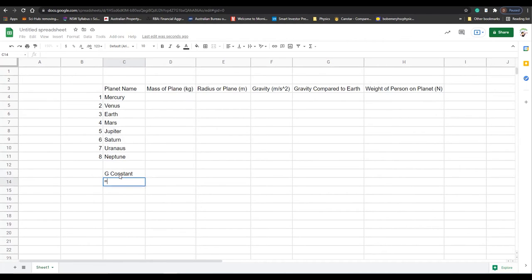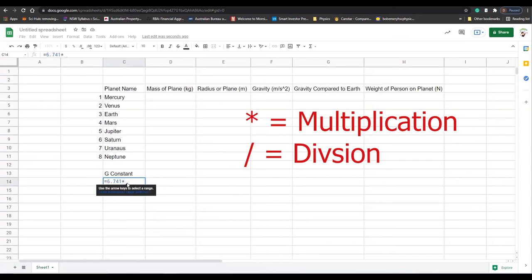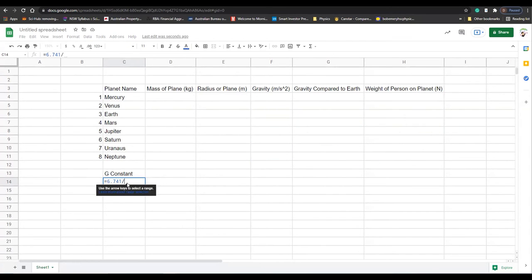because we're going to do some exponents, we'll put the equal sign, 6.741. And in order to show multiplication, we use the star key. If we want to deal with division, then we use the slash. Okay.